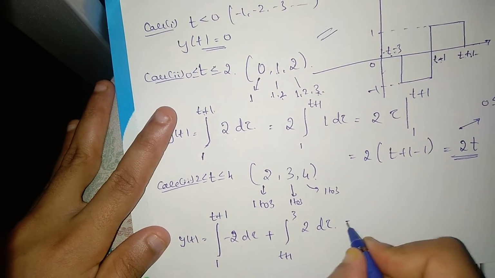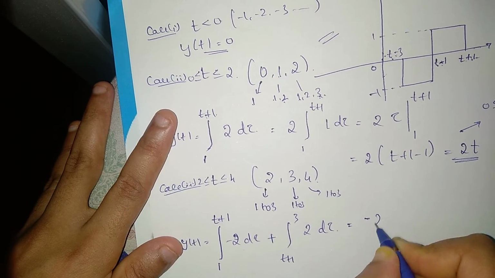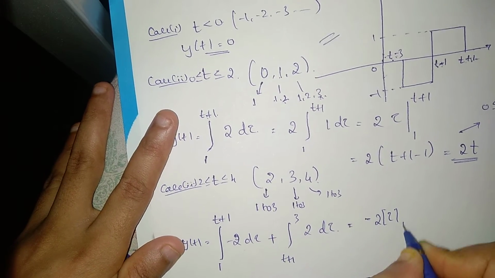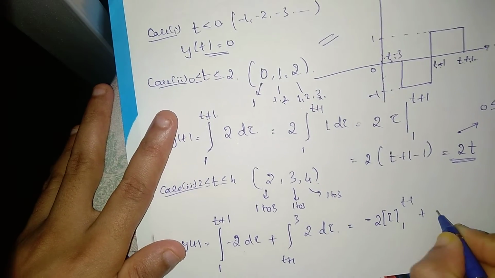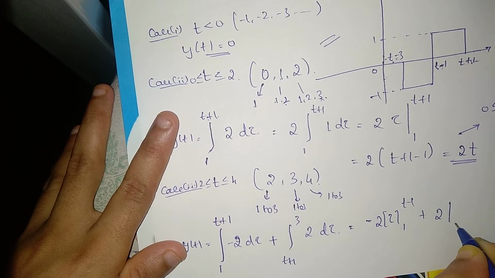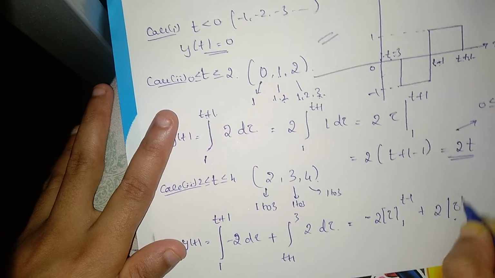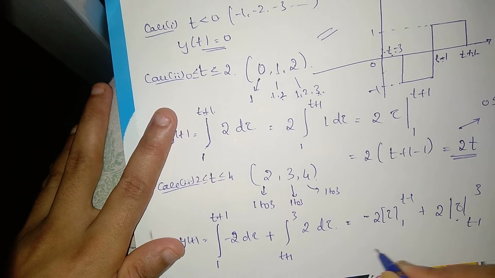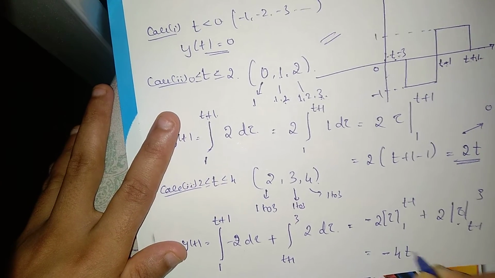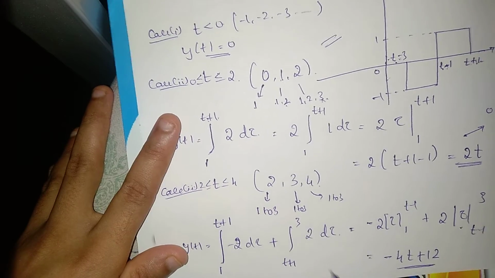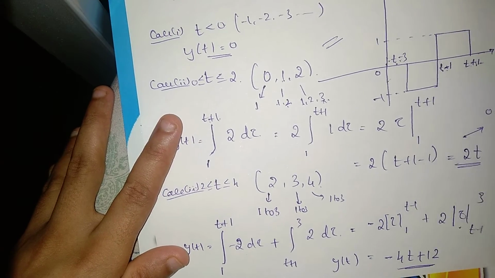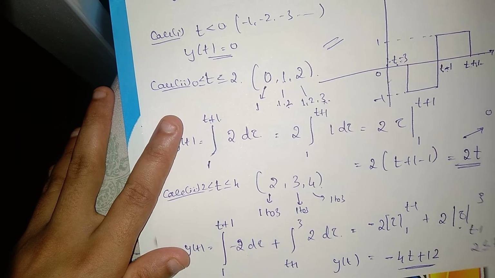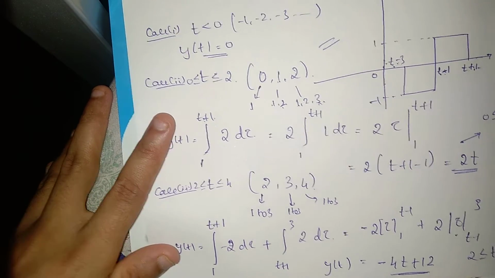Now if you simplify this, you will get minus 2 tau from 1 to t minus 1, plus 2 tau from t minus 1 to 3. If you simplify, this will be minus 4t plus 12. This is your y of t when t is in between 2 and 4.